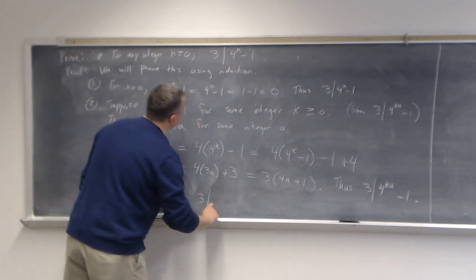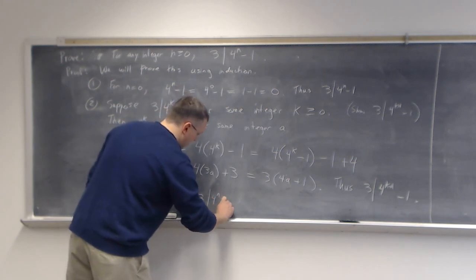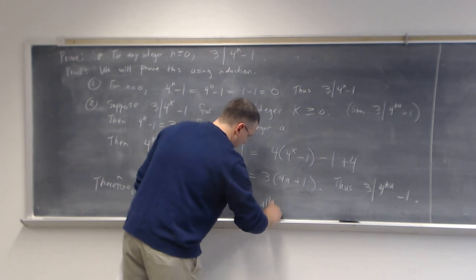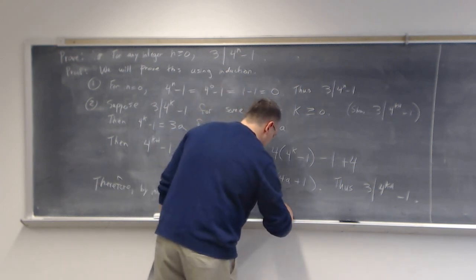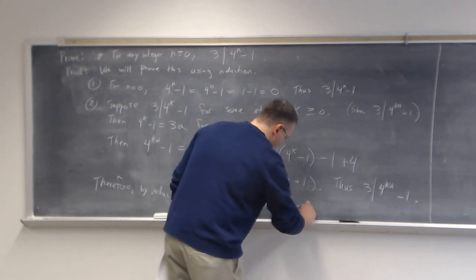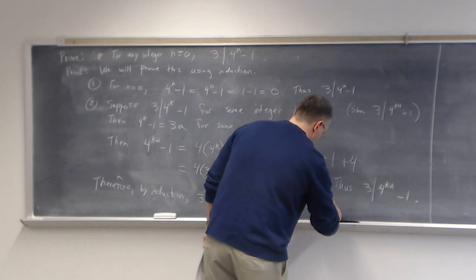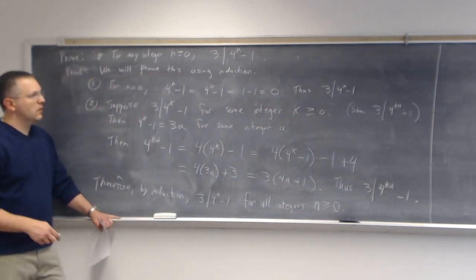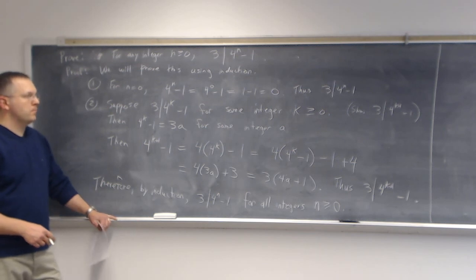Therefore, 3 divides 4 to the n minus 1 for all integers n greater than or equal to 0. Any questions?